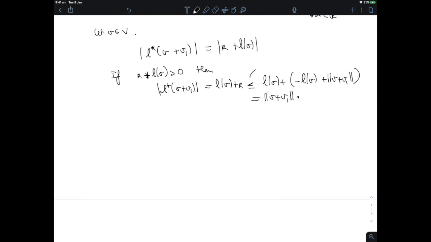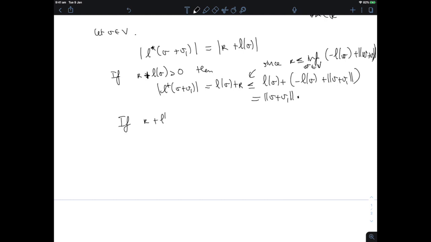Right, since R is smaller than the infimum over all, let's call them W in V, of the quantity minus L(w) plus norm of W plus V1. Okay, so we have what we want in the case where R plus L(v) is positive.